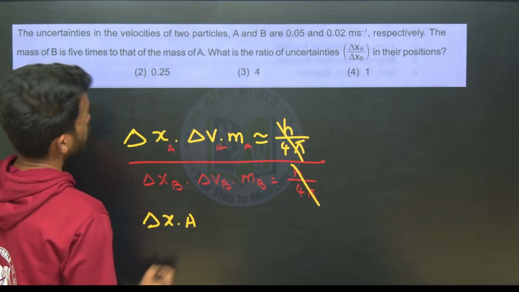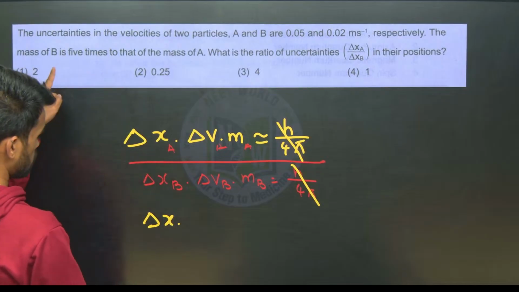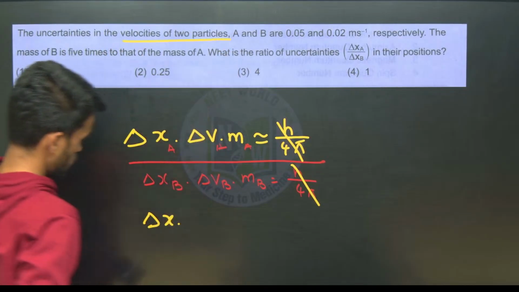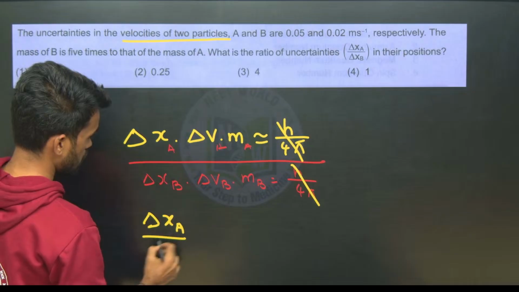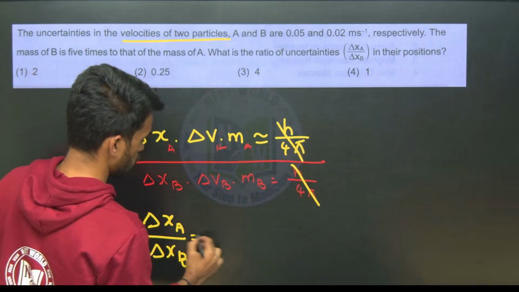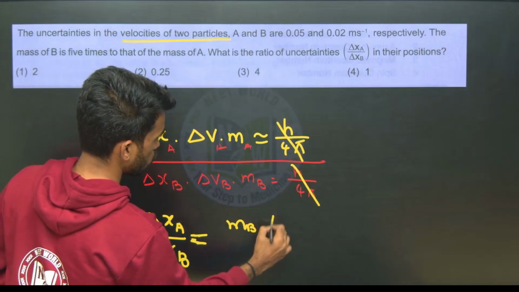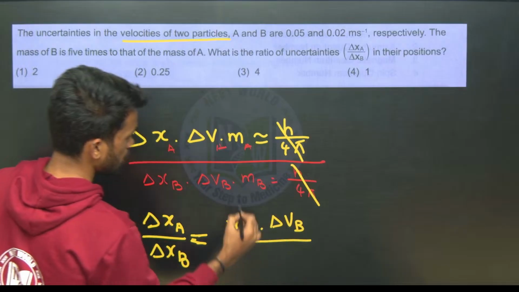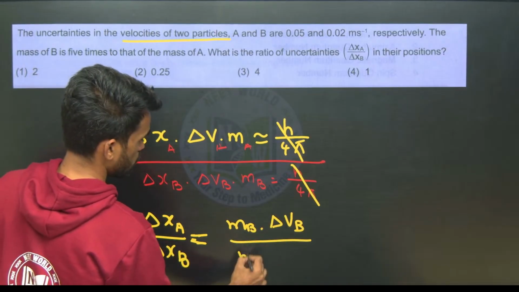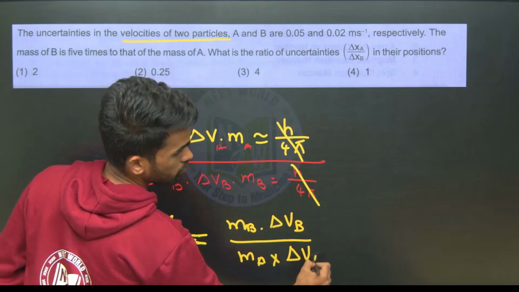What they are asking is position; velocities are given. So delta xA by delta xB they are asking. The remaining terms you can send to the other side of the equation, so it becomes mB into error in velocity of B by mA into error in velocity of A.